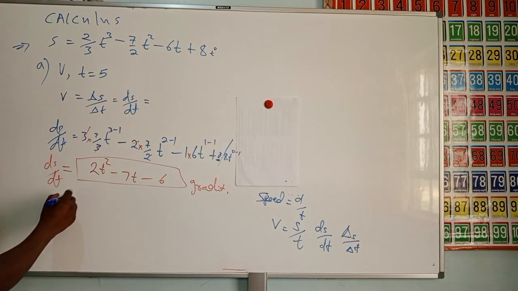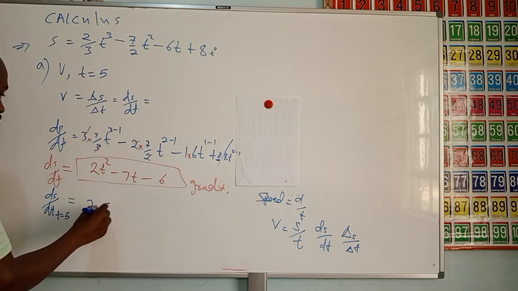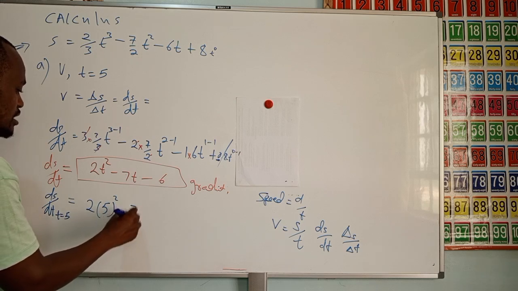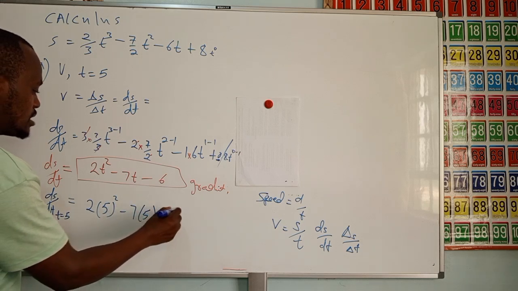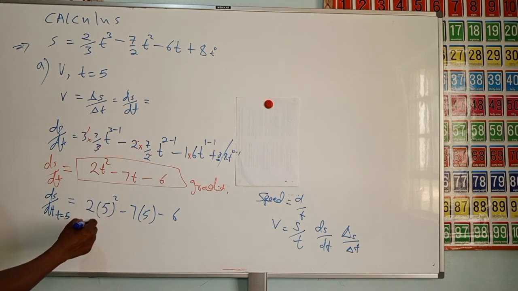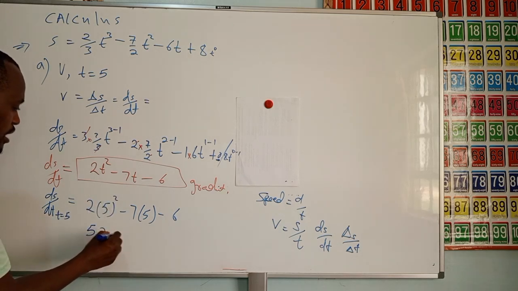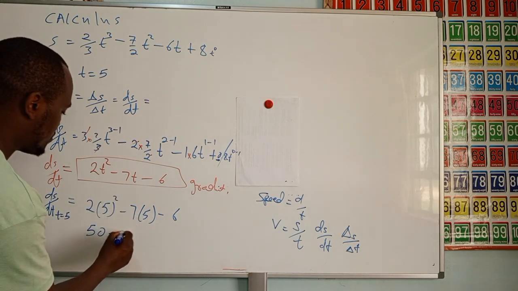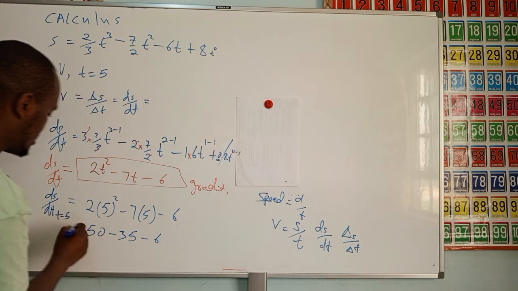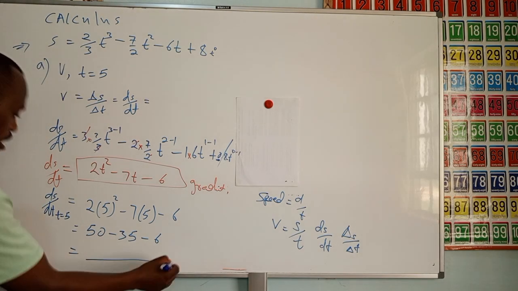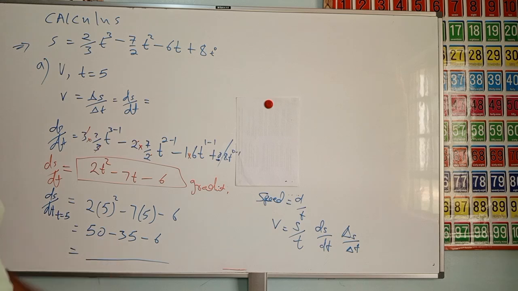Therefore, you have ds over dt when t is equals to 5 is equals to 2 times 5 squared minus 7 times 5 minus 6. This is 2 times 5 squared, 25. This is 50 minus 35 minus 6. 50 minus 35 is 15, minus 6 is 9.